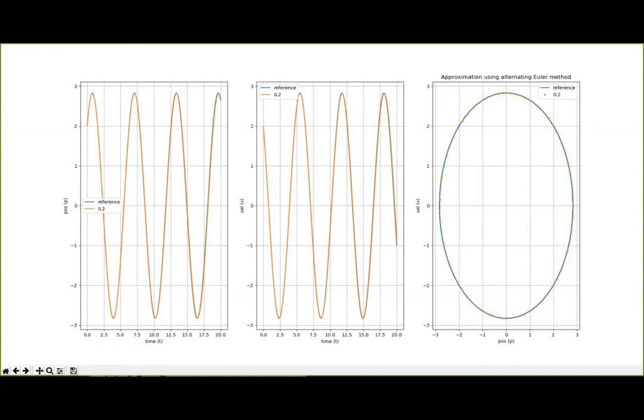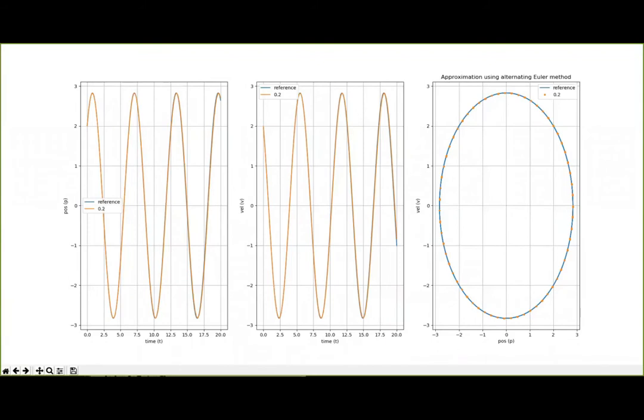The blue curve here is the reference solution, and you can tell it's almost identical to the orange curve, which is a solution obtained by alternating between explicit and implicit Euler steps. So as far as we can tell, that method keeps the amplitude of both the position and the velocity constant. We do not see any decrease or increase in energy.